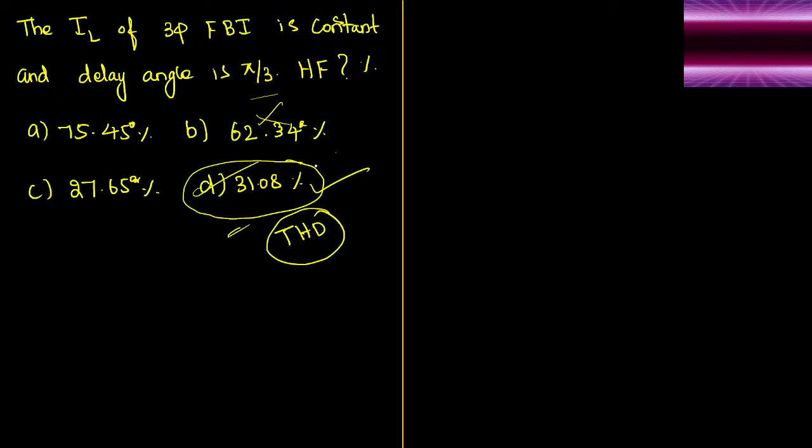Okay. Chalo, let us go ahead with the next question. As usual, we are going to consider a single phase full bridge inverter supplying a resistive load RL equal to 5 ohm.